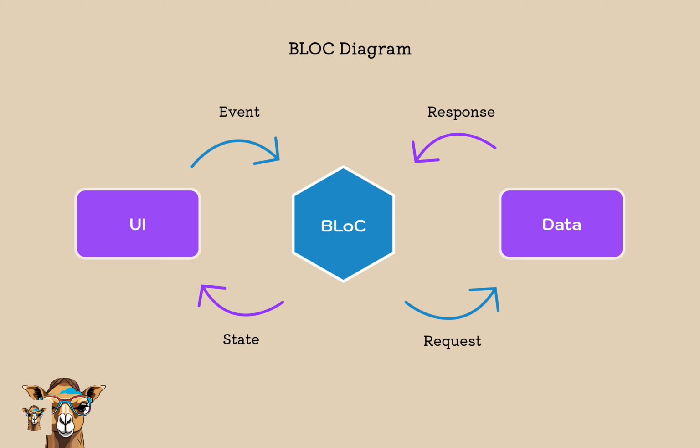And the BLoC listens to these events. First, it checks which event has been triggered, and based on that event, it will call the data layer. It processes the data and makes necessary requests, and once it gets a response, based on that response of the data layer, it will update the state layer.